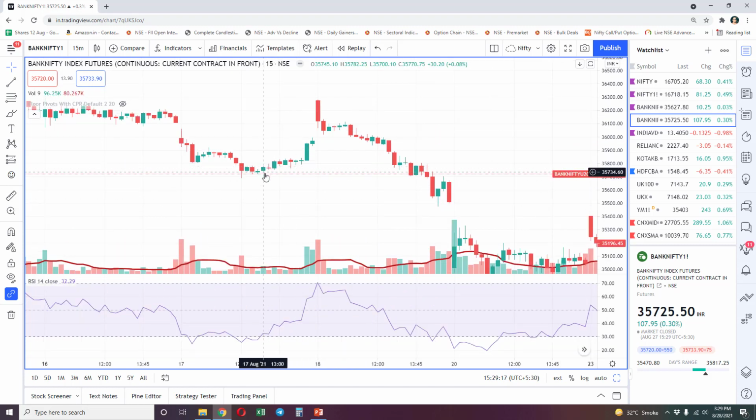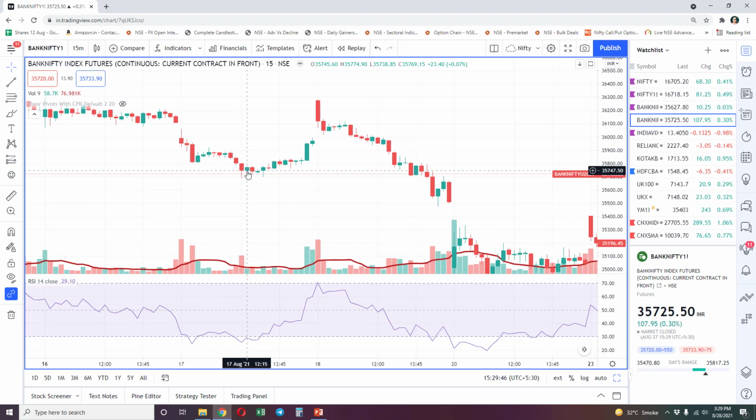Now say this is a perfect hammer pattern that is occurring. You see the market was in a downtrend. It came from 36,200 till 35,750 or something like that. This is not exactly a bullish hammer, but this one also can be taken as a hammer because it happens at the fag end of the downtrend.